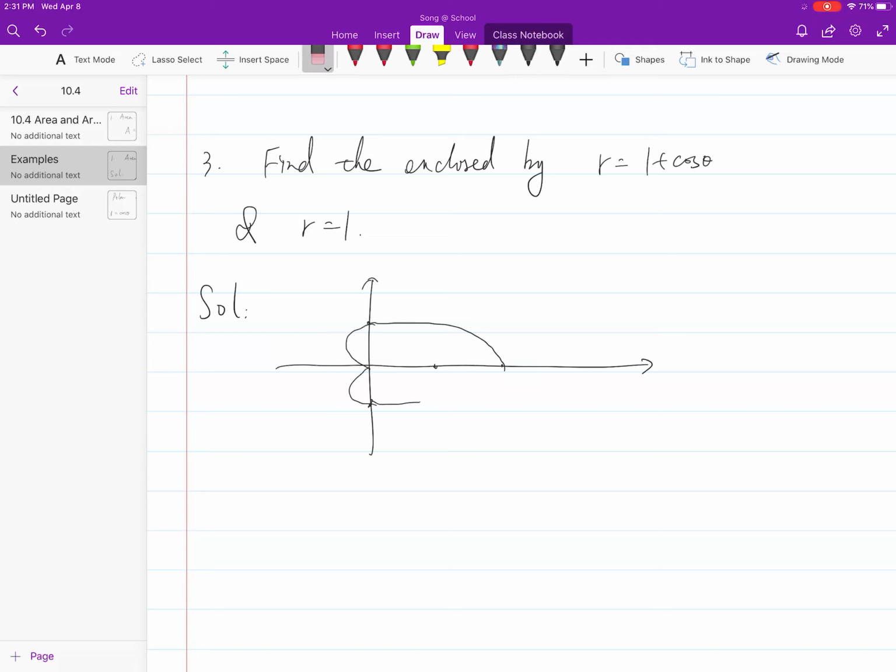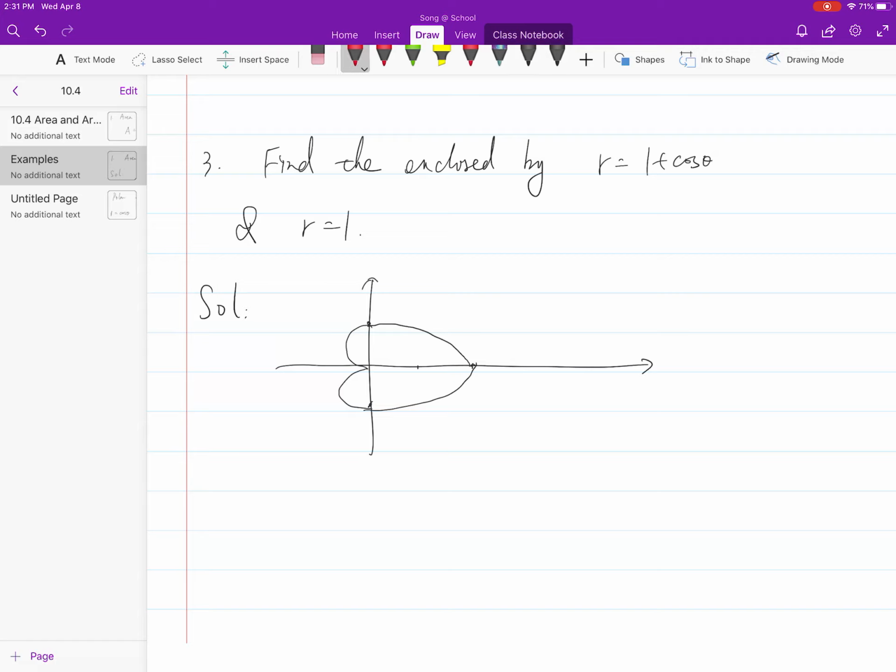Yeah, this one's no better. Okay, focus here, here.